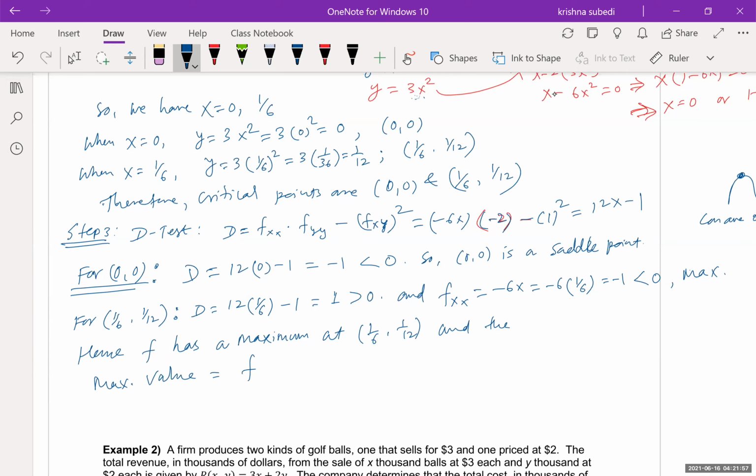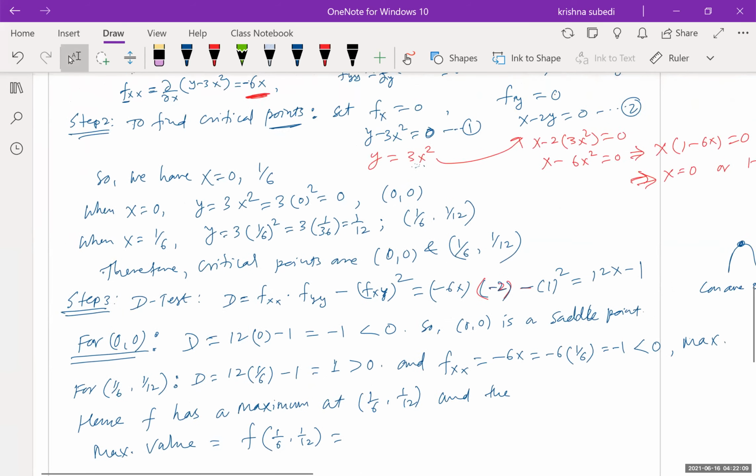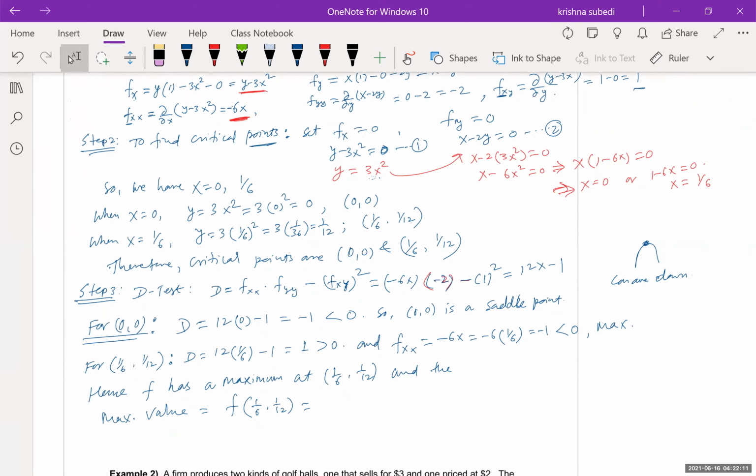and the maximum value is given by, you put this value in the original function. So let me look at the original function. What is that? xy, which is 1/6 times 1/12, minus x cubed, so 1/6 cubed, minus y squared, which is 1/12 squared.